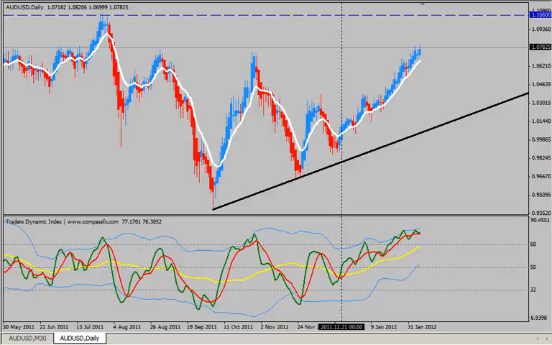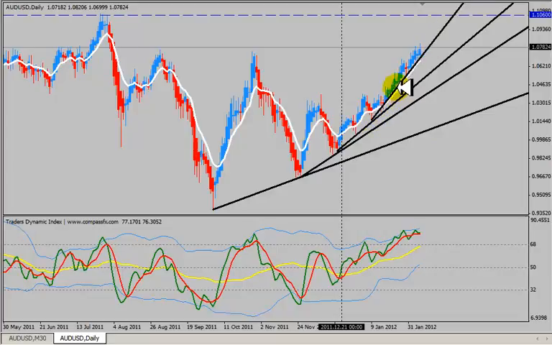If I just connect the lows, going from low to low, you will see that the market for the Aussie dollar is getting a stronger and stronger bias to the upside.